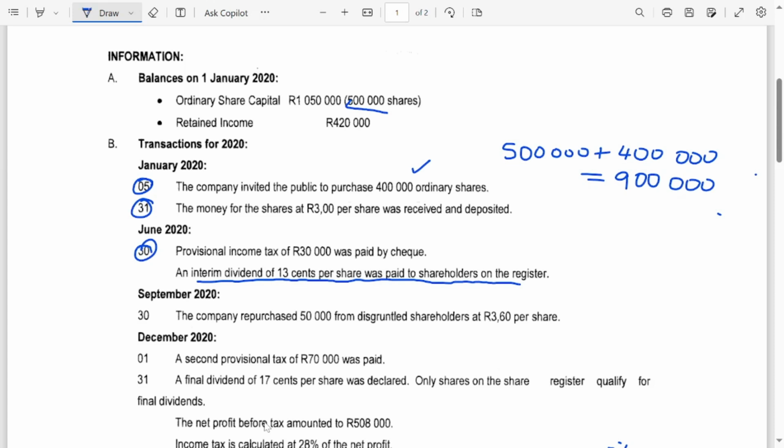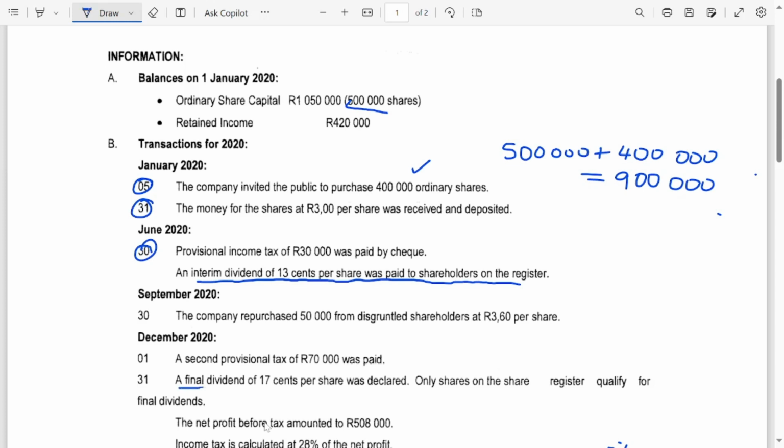We're supposed to pay this dividend out to the shareholders, but the business does not pay yet, so the business owes the shareholders those dividends. That is why we have a shareholders for dividend account, which shows that the company is owing the shareholders.